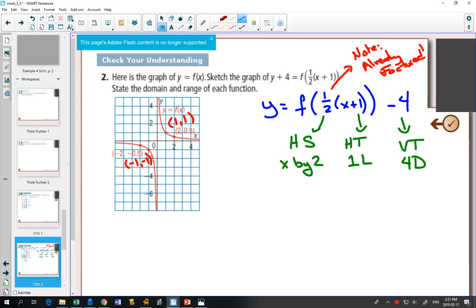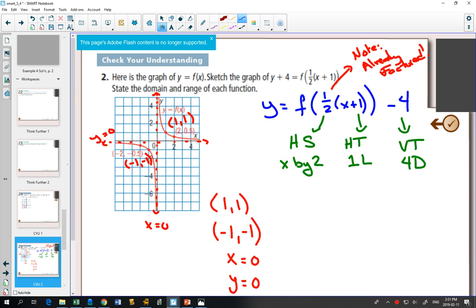So I'm going to take my original points on my red graph as 1, 1 and -1, -1. I'm also going to note that on my original graph, I have an asymptote at x equals 0 and an asymptote at y equals 0. So I'm also going to write those down because I'm curious to see where they end up.